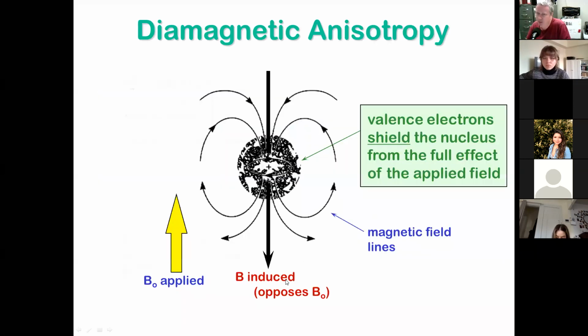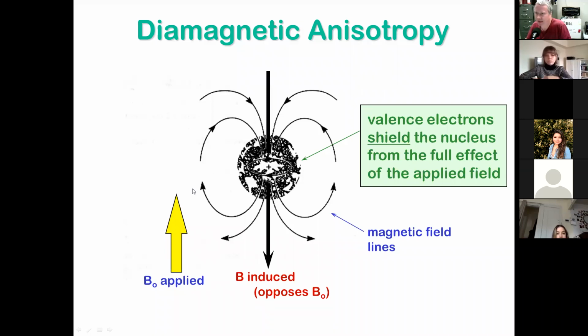Shielding. So this is the basic idea of it. Think about this being a proton, and it's got some valence electrons around it, little electrons. So the essential idea is that we have a magnetic field. That's the yellow thing. There's an applied magnetic field. And when you got these electrons, they go in a circular motion and create an opposing field.